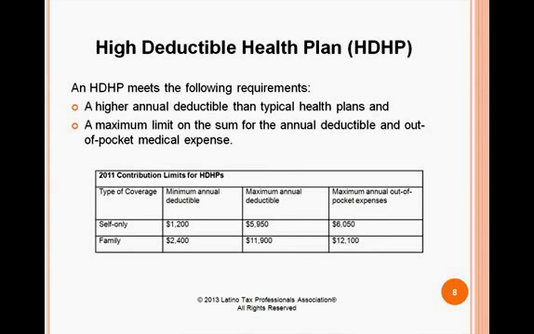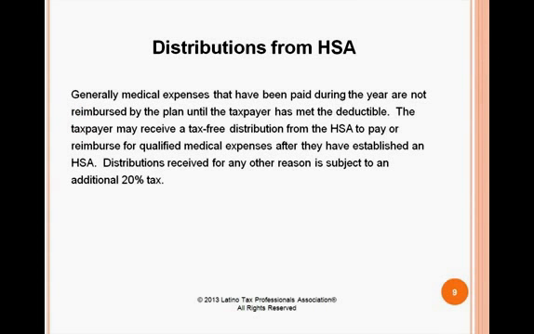A high deductible health plan meets the following requirements: a higher annual deductible than typical health plans, and a maximum limit on the sum of the annual deductible and out-of-pocket medical expenses. The chart down below shows the 2011 contribution limits, and they stayed the same for 2012. Distributions from HSA.